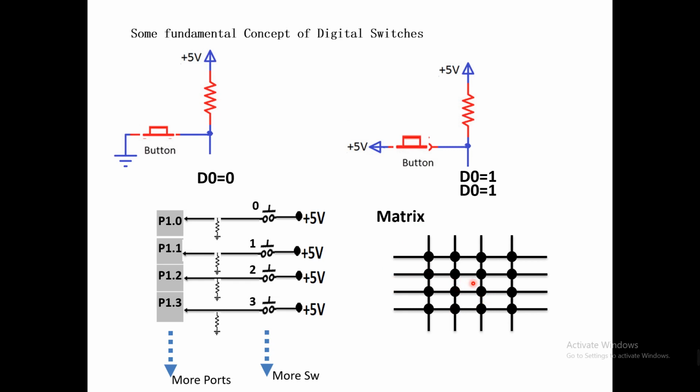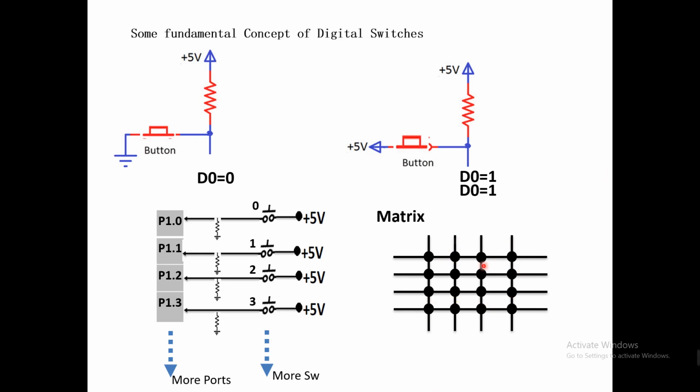Okay, and let's exaggerate this one. Let's suppose we have 10 rows and 10 columns. How many wires do we need? 10 rows plus 10 columns, 20 wires. And then how many switches can we have? 10 multiplied by 10 means 100.